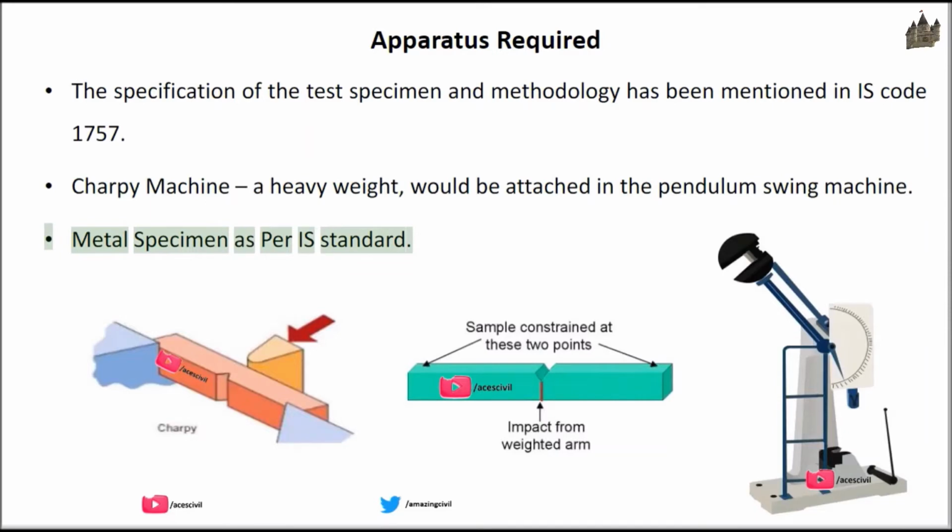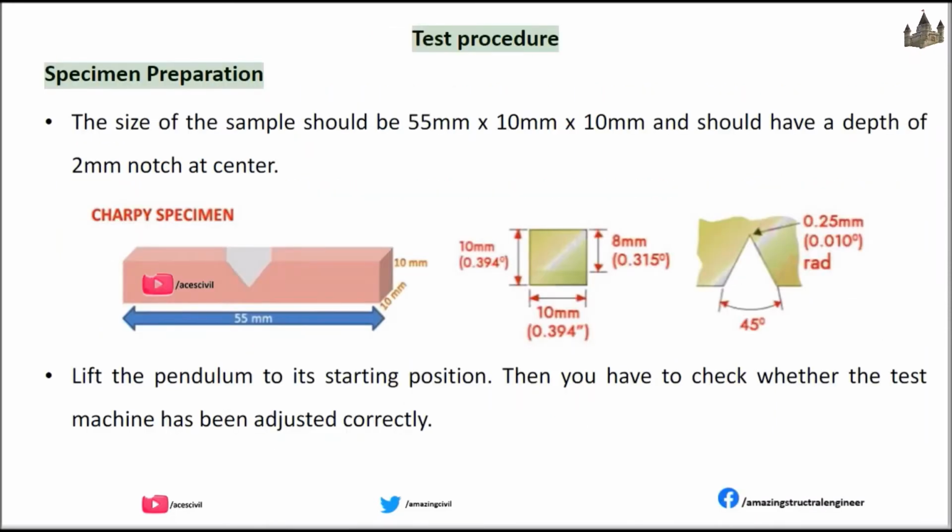Metal specimen as per IS standard. Test procedure. Specimen preparation. The size of the sample should be 55 mm x 10 mm x 10 mm and should have a notch of 2 mm depth at the center.